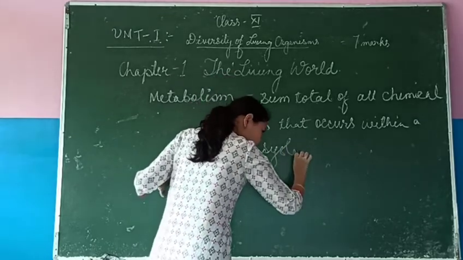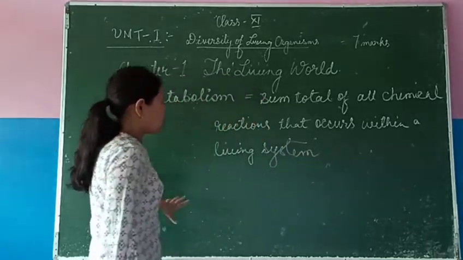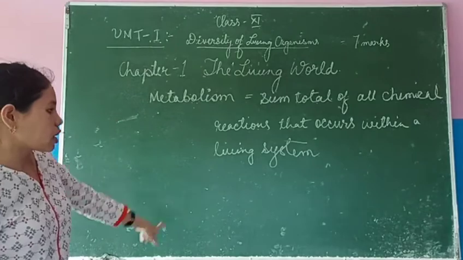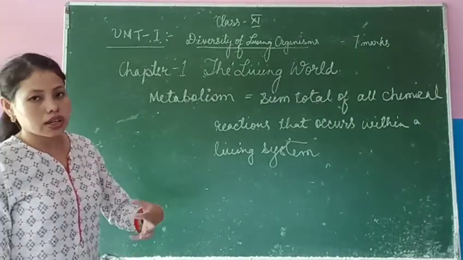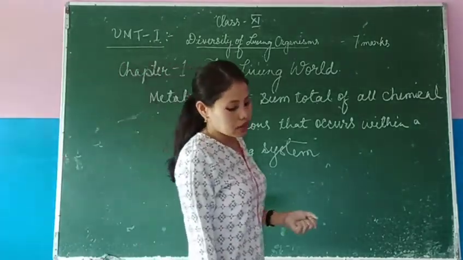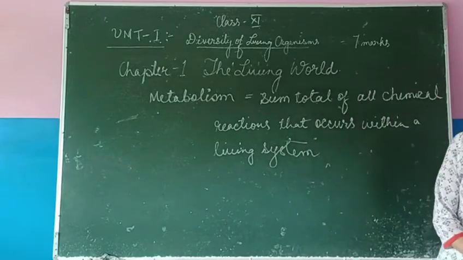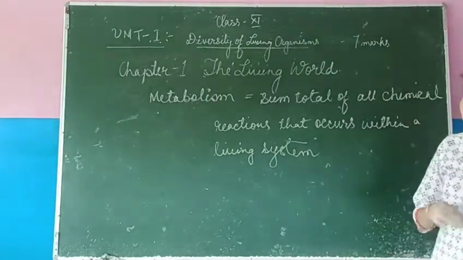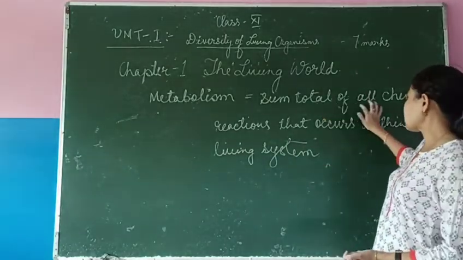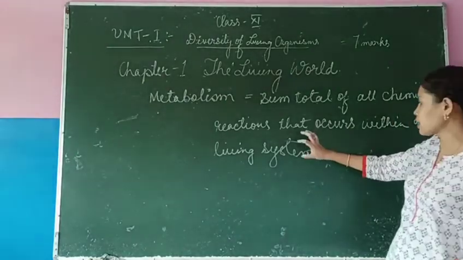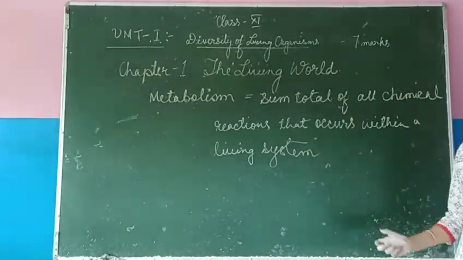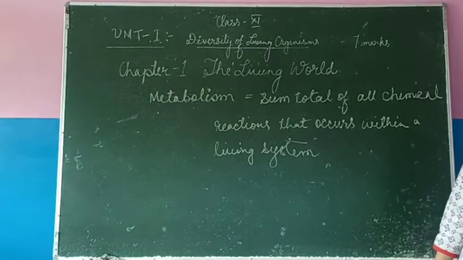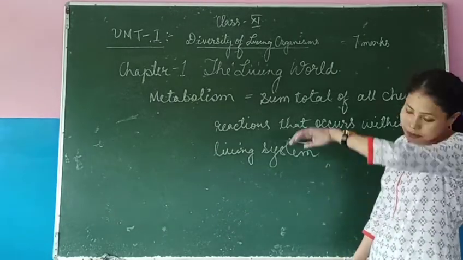The system can be a living organism; it can be multicellular, or the living organism can be unicellular. Alright, so this is about metabolism. Metabolism is the sum total of all the chemical reactions that occur within a living system. The living system can be unicellular or multicellular.